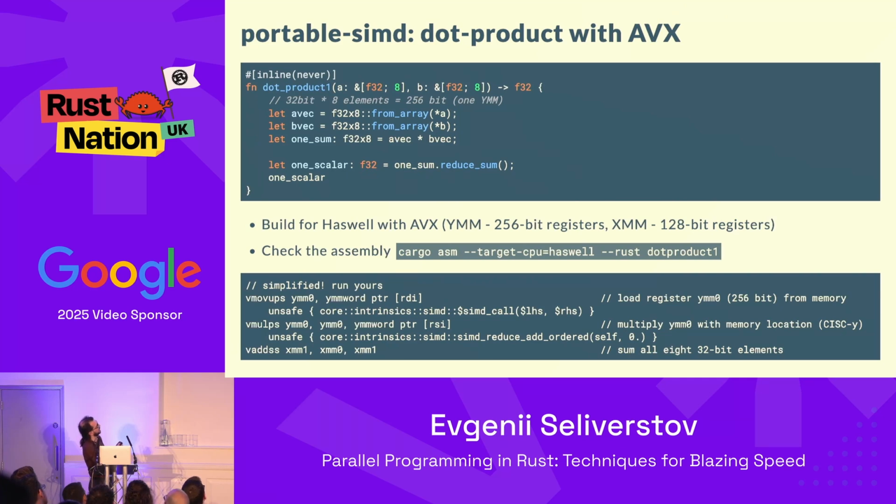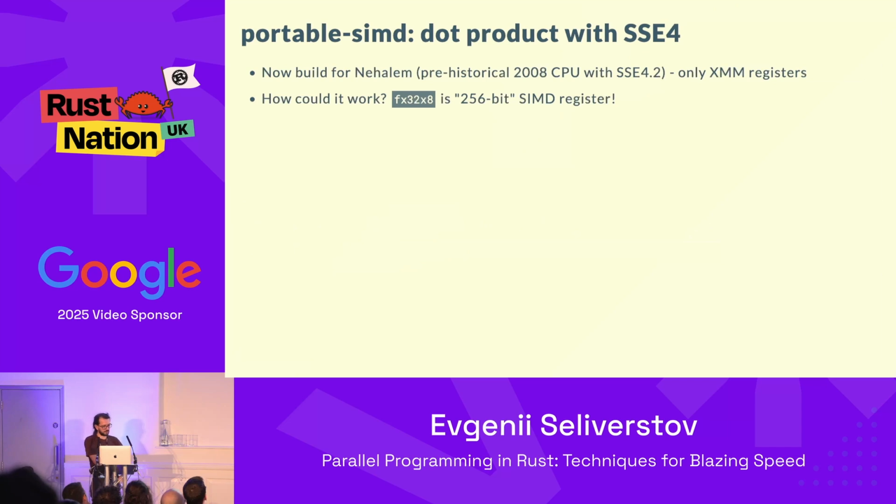YMM means we have AVX, and we just fire a few instructions generated automatically by portable SIMD. It's really good. And if we run it for Nehalem, a really old CPU, probably I have it in my drawer somewhere. How can it work?